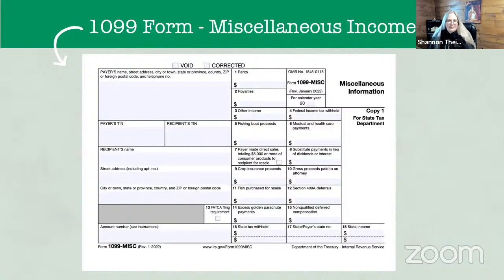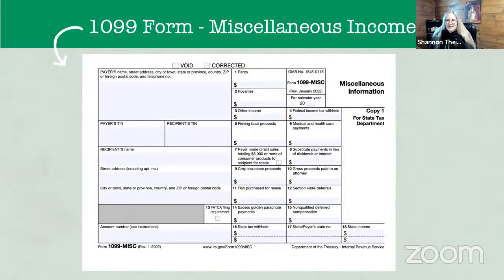Gross proceeds paid to an attorney go in 10. This is not where you would put any payments that you made to an attorney. Say you're getting your legal forms updated, buying a contract, or have a consulting agreement with an attorney or a law firm.